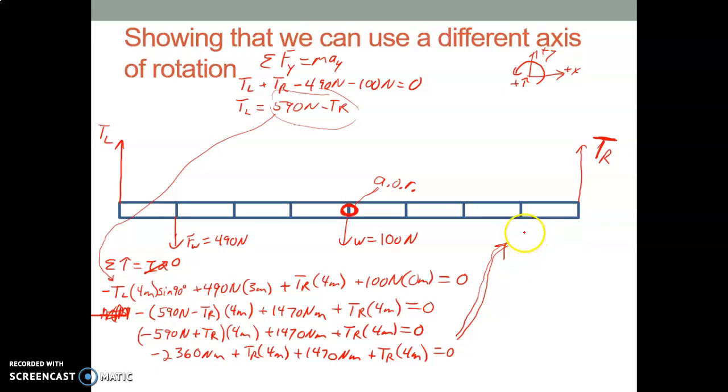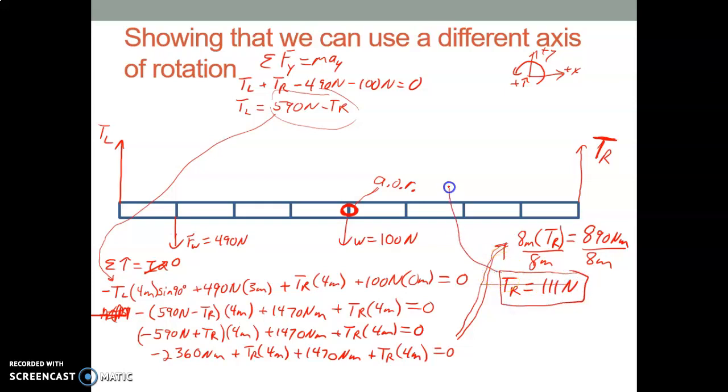We add 890 to both sides. We also do some simplification on the right side. 4 meters times TR plus 4 meters times TR, that's 8 meters TR. And then, like I said, we're adding 890 newton meters to both sides. We divide by 8 meters. And we get T sub R equals 111 newtons.